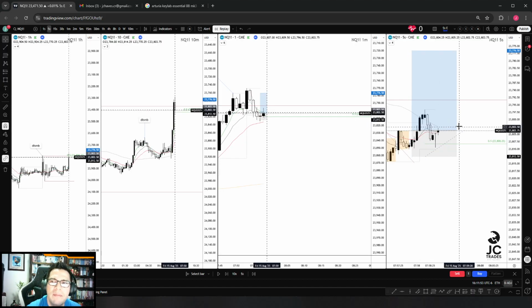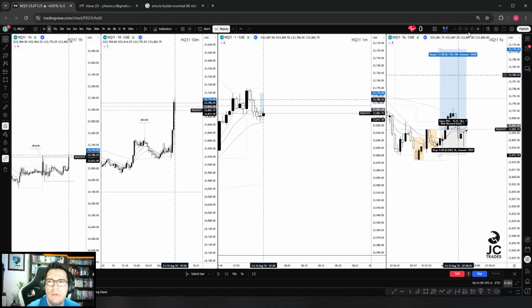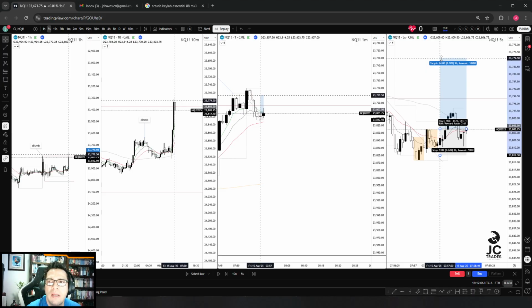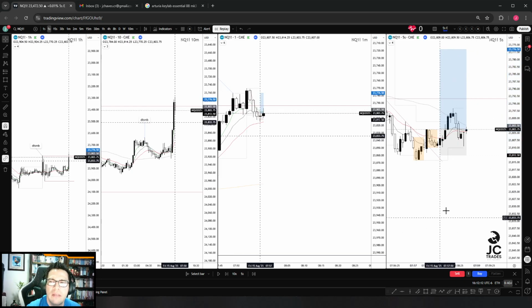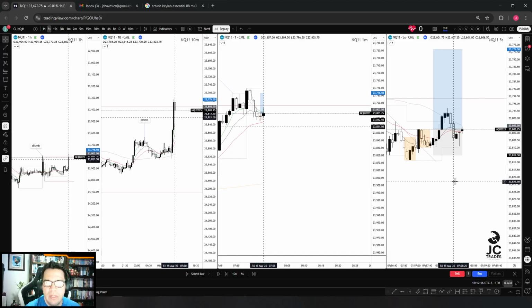So at this point here, we close that trade as a break even. So that one would have been our first trade that went around 0.78 R in profit, and then was closed as a break even trade, basically following our rules.